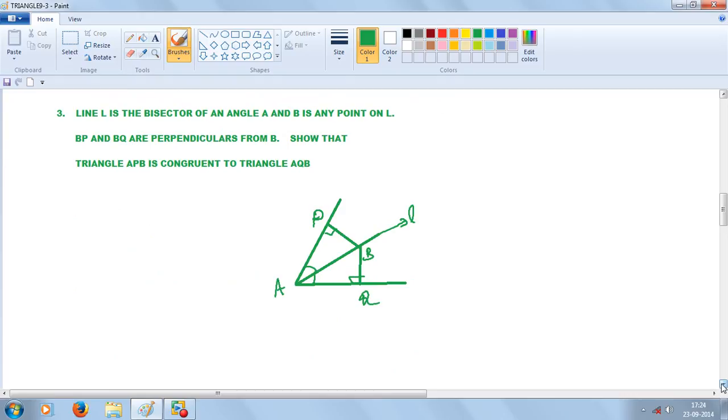Line L is the bisector of an angle A. So this is some angle A. So we have drawn a bisector.